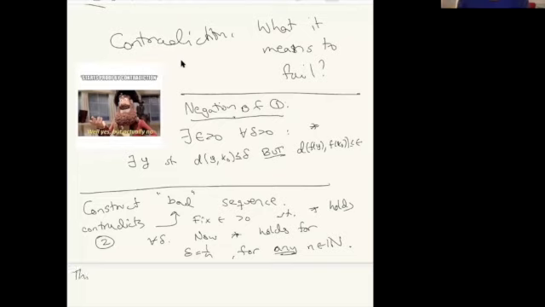This gives a sequence yn so that the distance of yn to x naught is at most 1 over n, because we're using the fact that this holds for every delta. In particular, it holds for delta 1 over n. And the distance of f of yn to f of x naught is big.